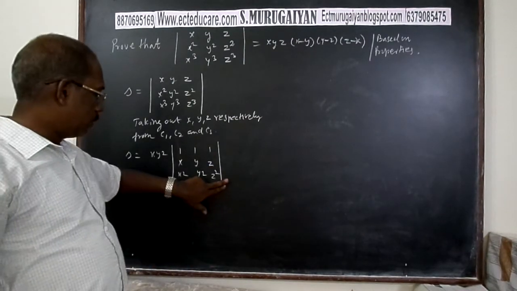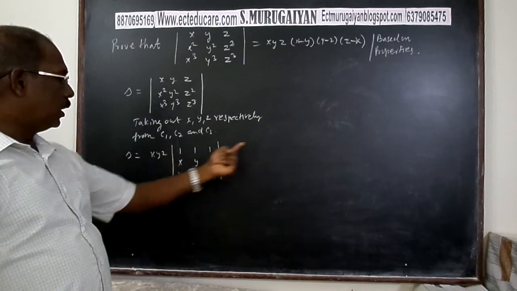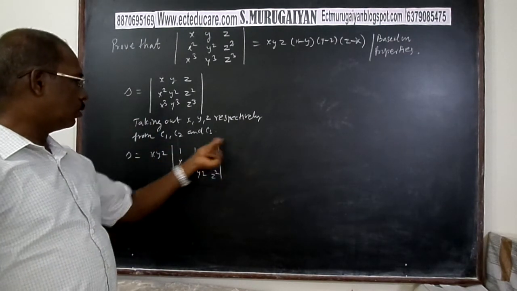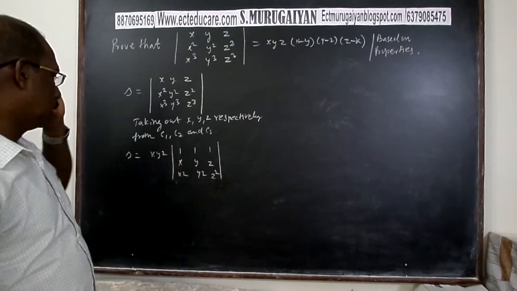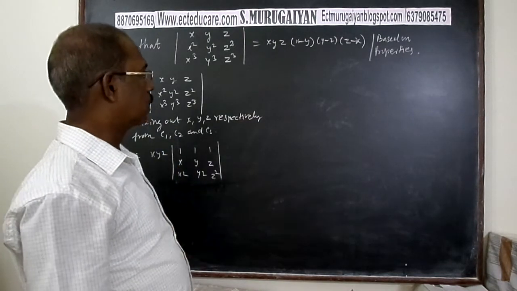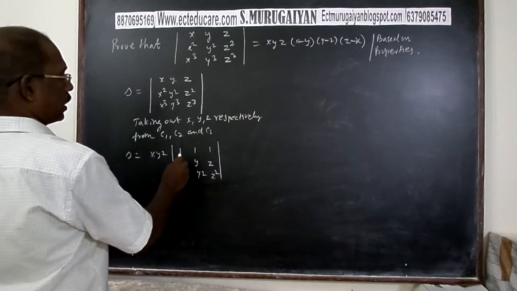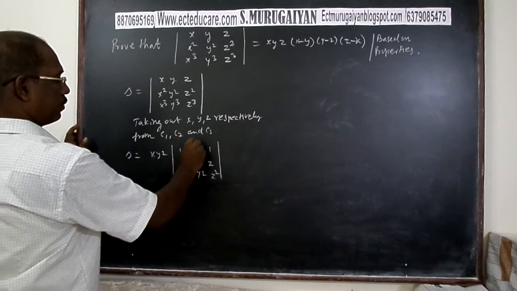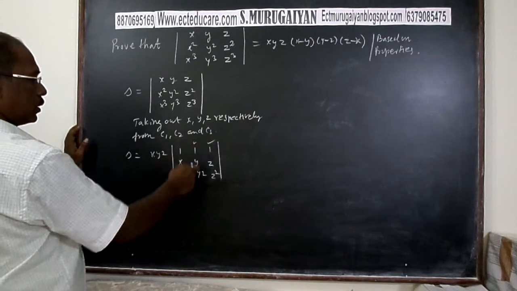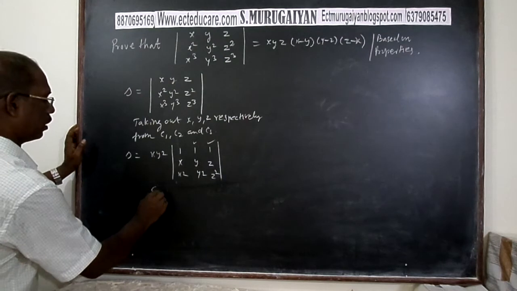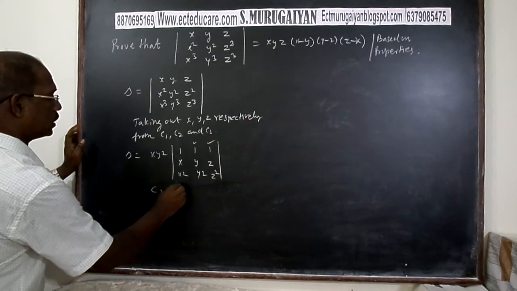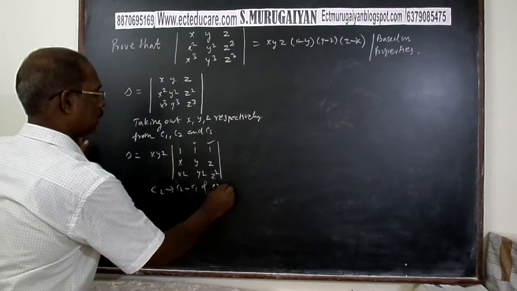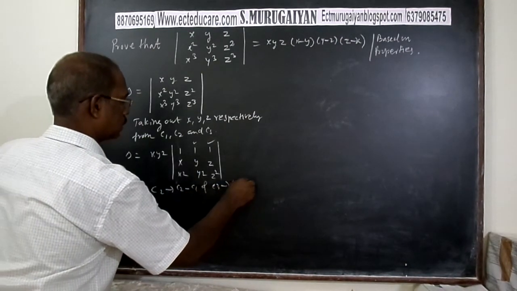Dear student, whenever we reach any row or column containing three ones, 1 1 1 in a row or 1 1 1 in a column, it is an indication of the conclusive step. So we have to convert any 2 of the 3 ones into 0. We can try for these two. Prepare a formula: C2 is C2 minus C1 and C3 is C3 minus C1.